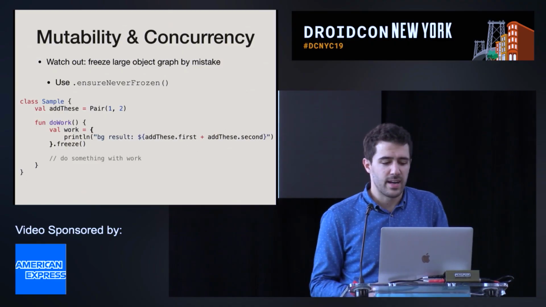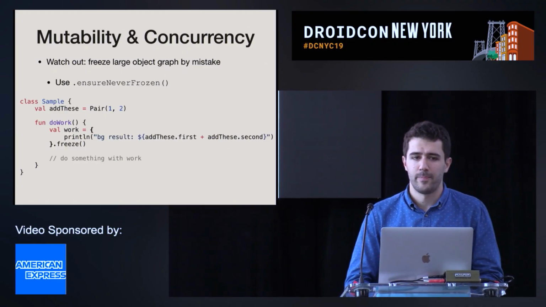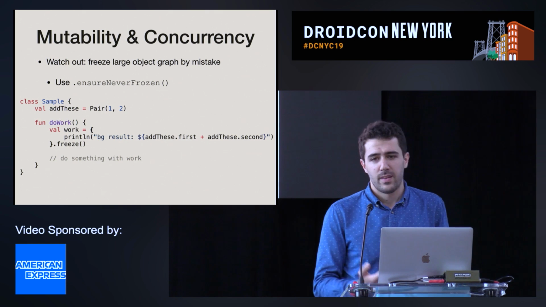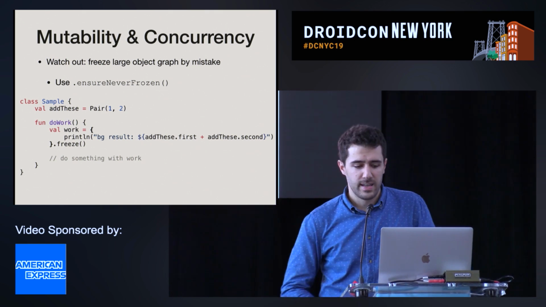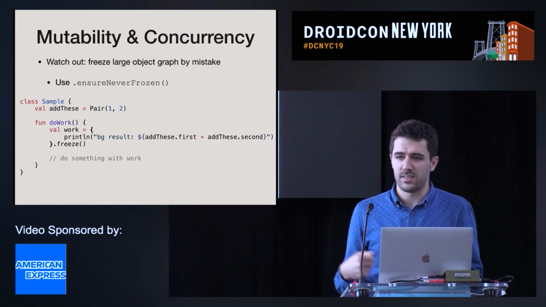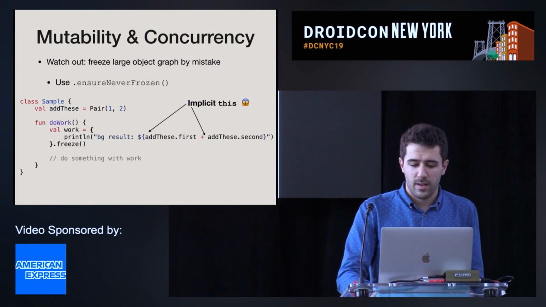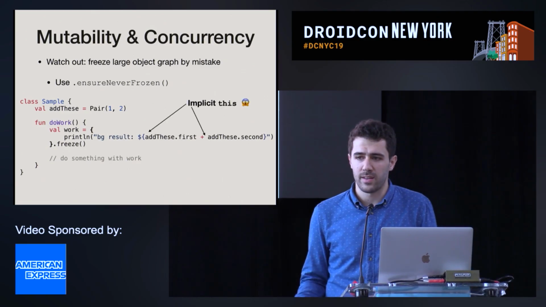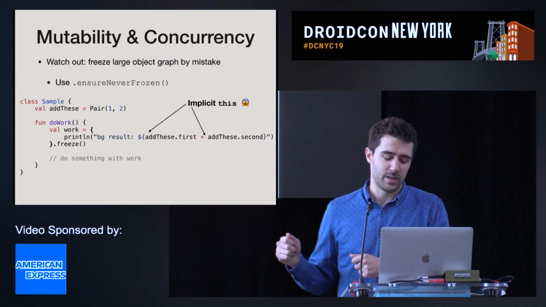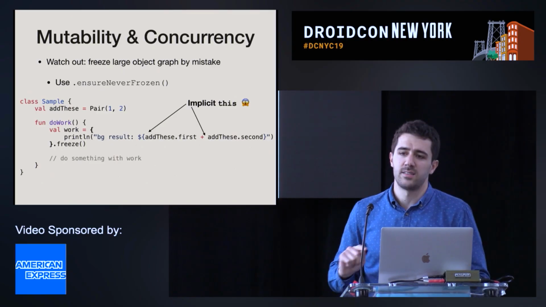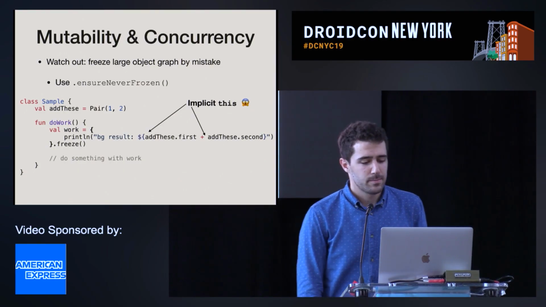And a lambda is an object like anything else, totally fine to freeze. However, you have to be aware that, like I said before, if you freeze an object, you're going to freeze everything it references recursively. And in this case, because addThese is an instance variable, right here we are implicitly capturing this inside of our lambda, which means we, maybe by mistake, are going to freeze the entire sample instance and everything it references as well.